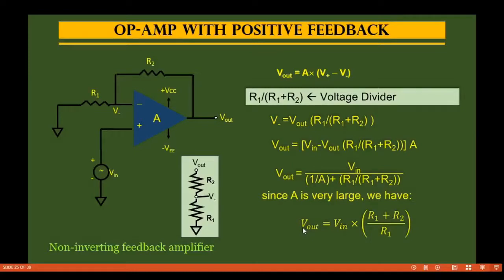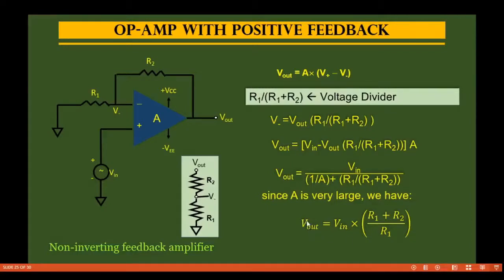So V out, the output voltage, is dependent on the input voltage times (R1 plus R2) upon R1, right? And I can also rewrite it as V out equals V in times (1 plus R2 upon R1).